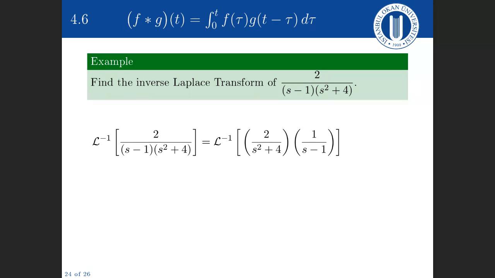I want to use the convolution integral. I want to find the inverse Laplace transform of 2 over s squared plus 4 multiplied by 1 over s minus 1. And that's just sin 2t convoluted with e to the power t.